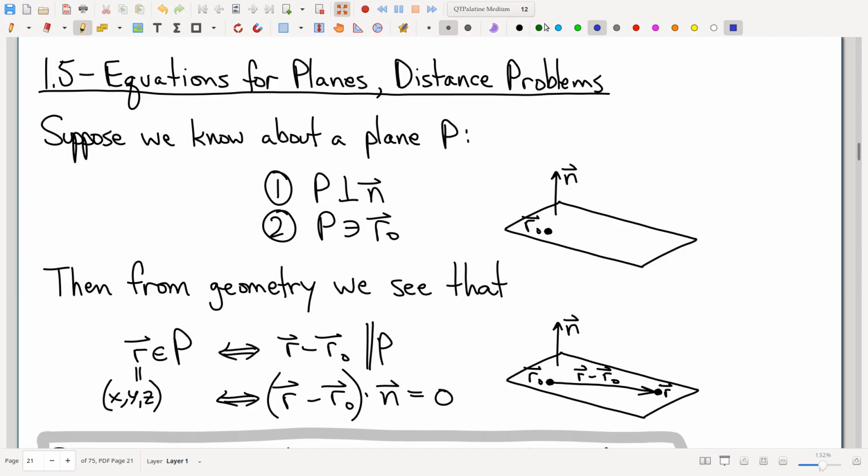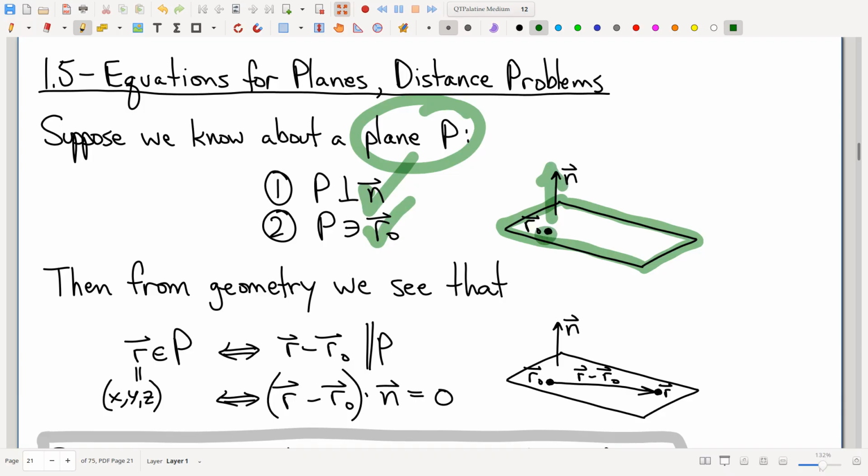Okay, here's how we're going to start in 1.5. Suppose we have a plane, like so. Which plane am I talking about? How would I describe to somebody else, some listener, which plane I'm talking about? One way to do it would be to give a vector perpendicular to the plane and a point in the plane.